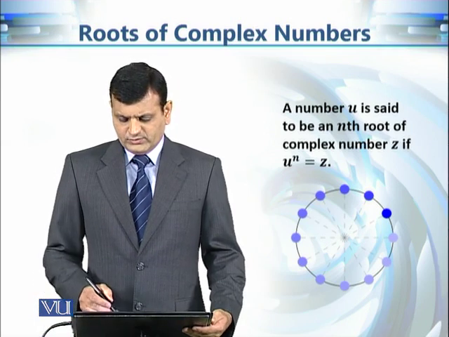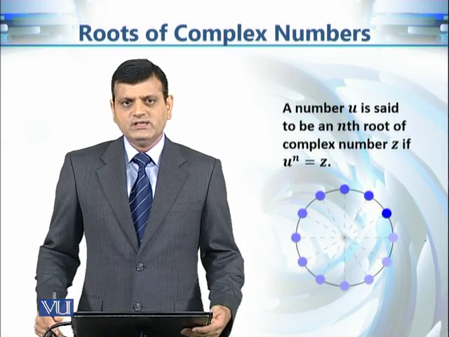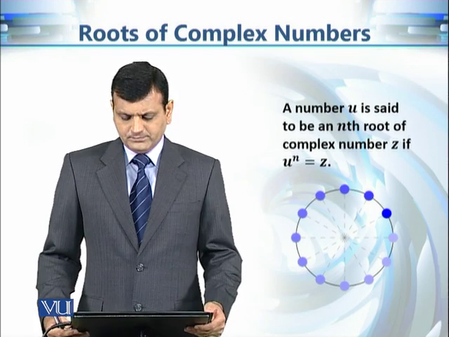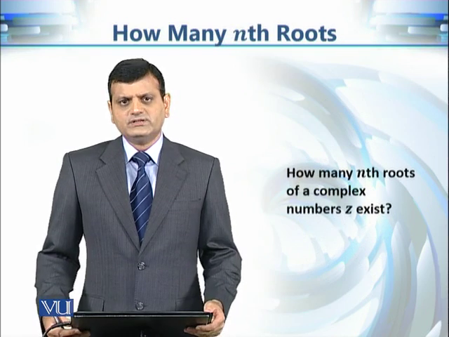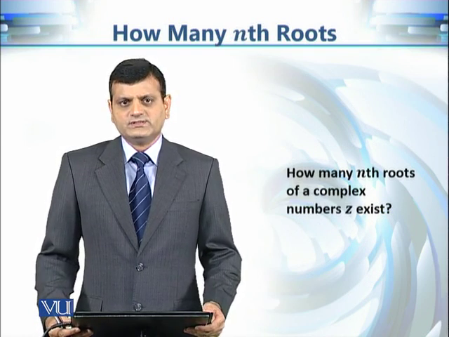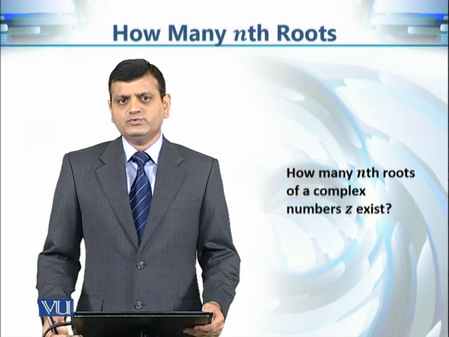In other words, we are going to find u such that u raised to power n is equal to our given complex number z. Now, there are two problems that we are going to discuss in root finding. The first question would be how many roots there are.